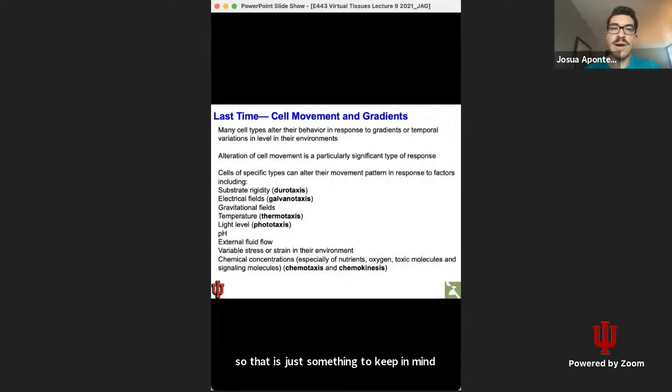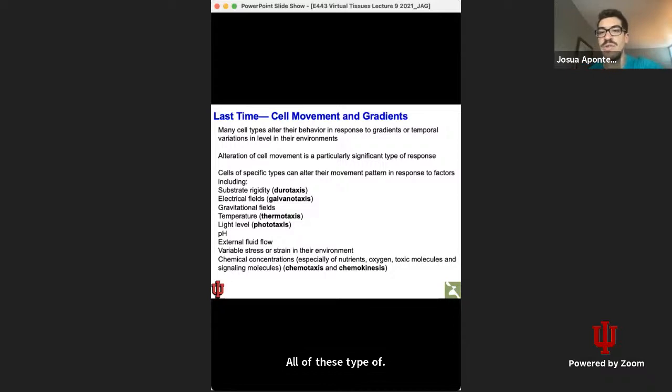Then we talked about cell movement, and how cells move along different types of gradients. We can model all of these gradient-driven movements as chemotaxis.